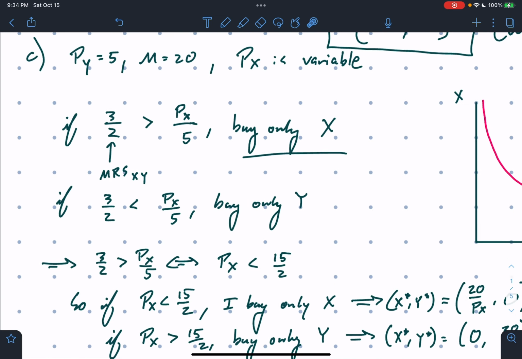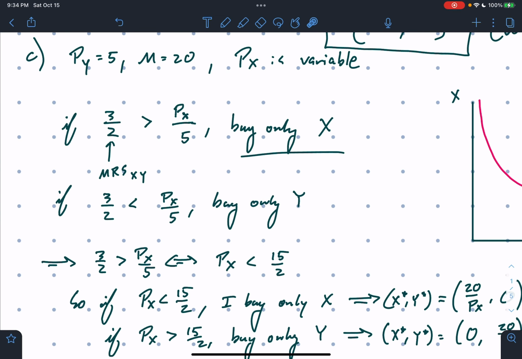So we plug in py equal to 5, m equal to 10, and we treat px as the variable. So using that previous rule, if the MRS, which is 3 over 2, is greater than px over 5, we'll buy only x. Conversely, if 3/2 is less than px over 5, we'll buy only y.